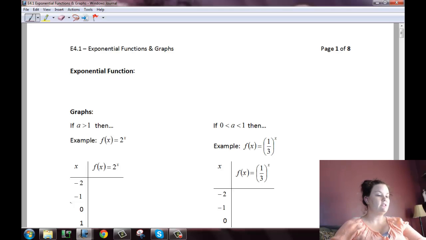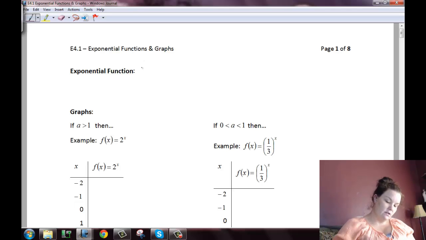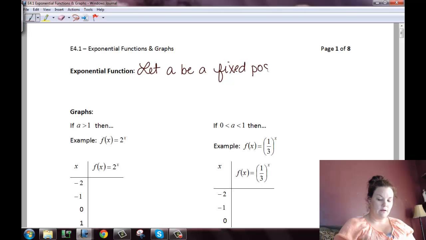Okay. So to get started, I need to go ahead and give you a definition of exponential functions, which is: let a be a fixed, positive real number not equal to 1.